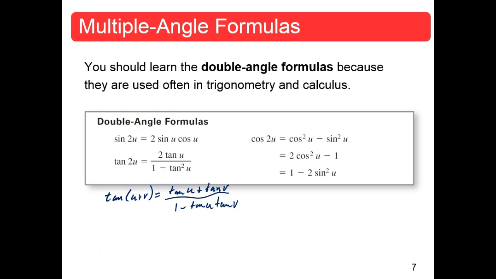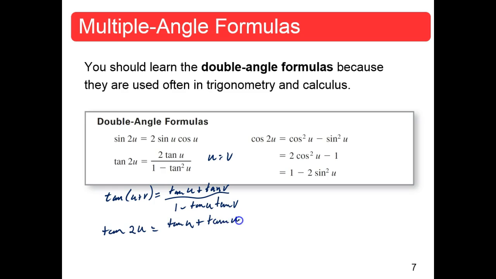Okay? Now, my most favorite question in this section is, what happens if u is equal to v? What would that be? On the left, would be tangent of u plus u would be 2u. And that would equal tangent u plus, if v is equal to u, what's tangent v?